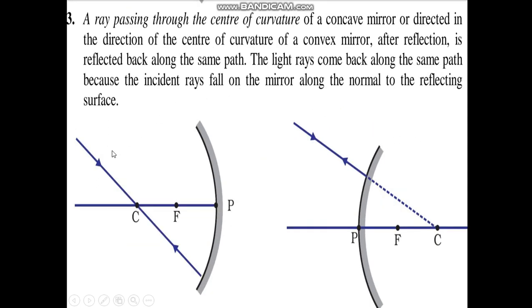Third rule is, when the incident ray is passing through the center of curvature. See, here it is the center of curvature. So when the incident ray is passing through the center of curvature, then it will pass along the same path. Here also you can see the incident ray is passing through the center of curvature and it is reflecting along the same path.